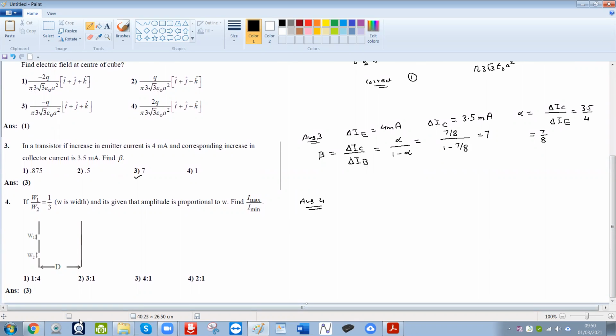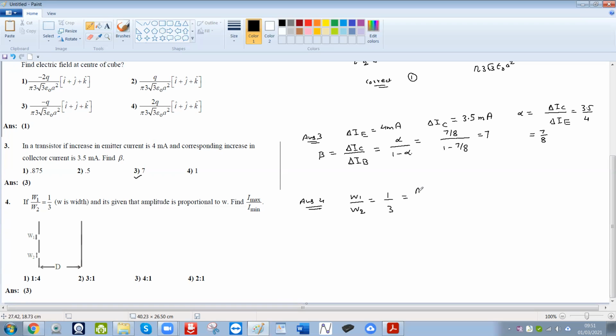In the fourth question, this is based upon Young's double slit experiment. The ratio of width of the slits is given to us, and it is also given that amplitude is proportional to width of the slits. Amplitude of interfering waves from two sources is directly proportional to width of the slits.